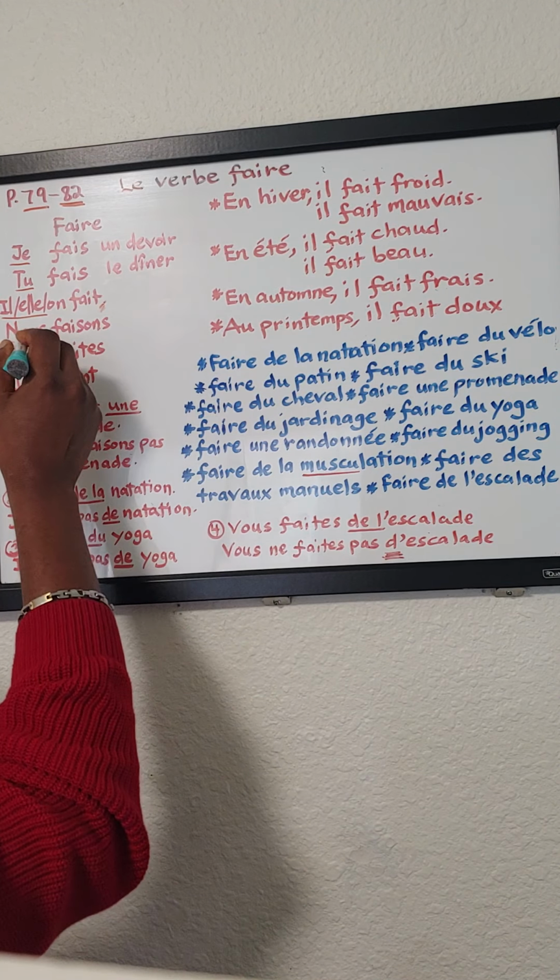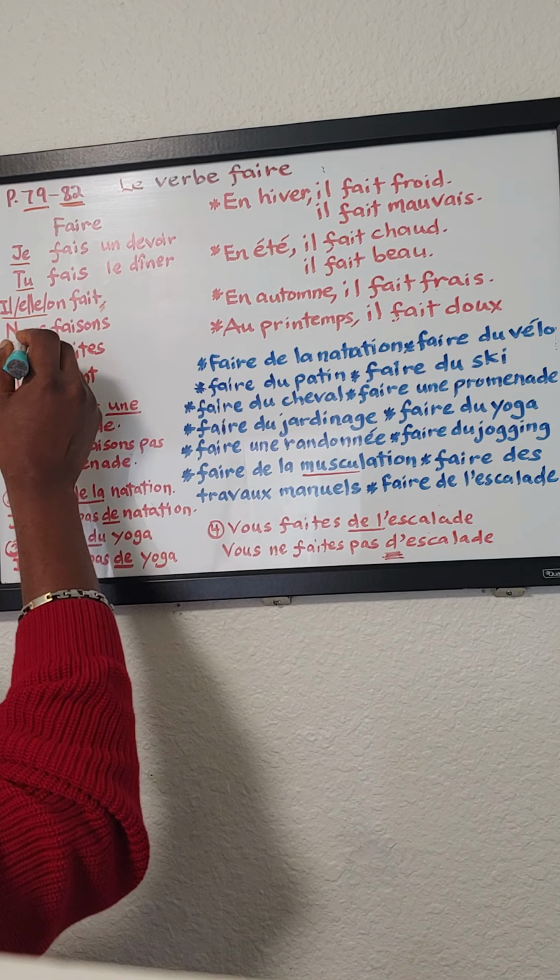So, the verb faire, first of all, can be used with a different meaning than the meaning to make or to do. Right here, je fais un devoir, I'm doing homework. Tu fais le dîner. You are making dinner.